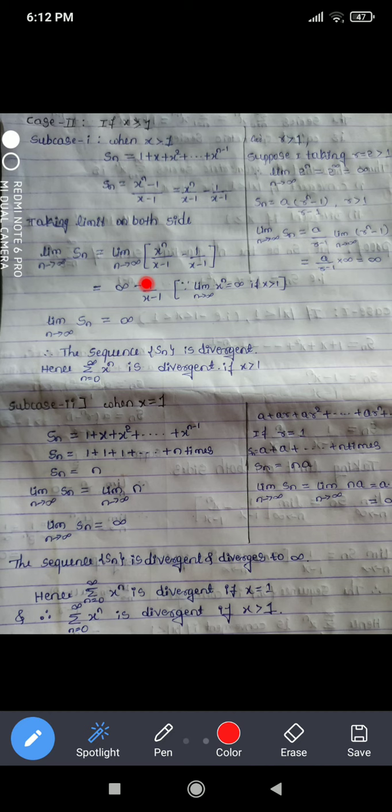I will give one example. Suppose I am taking x equal to 2, that means 2 raised to n. Apply the limit: 2 raised to infinity is infinity. Infinity minus anything is again infinity. So limit n tending to infinity of Sn is equal to infinity.